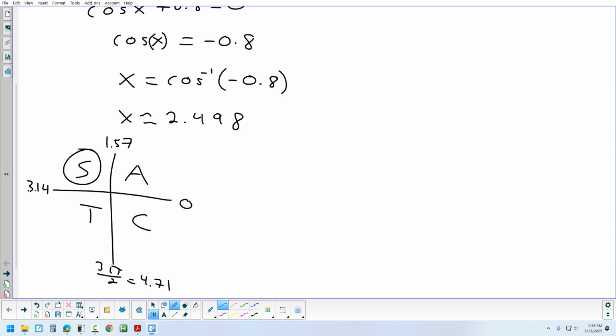So we just found an answer in quadrant 2. There's another quadrant that we're also looking for an answer in. What other quadrant is cosine equal to a negative number? T? T, yep. Okay. What's the formula for quadrant 3, which is where the T is? 180 plus the reference?